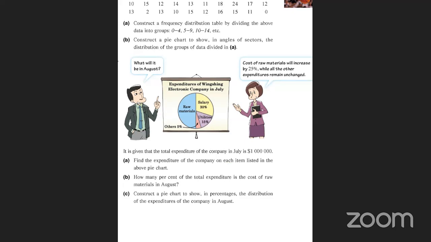Therefore, for example, salary equals 1 million times 30%. Therefore, in this case, you have the amount like that. And then you continue, say, utilities.